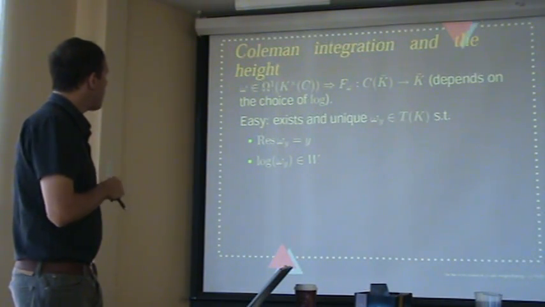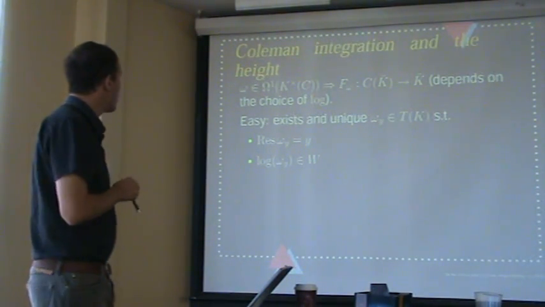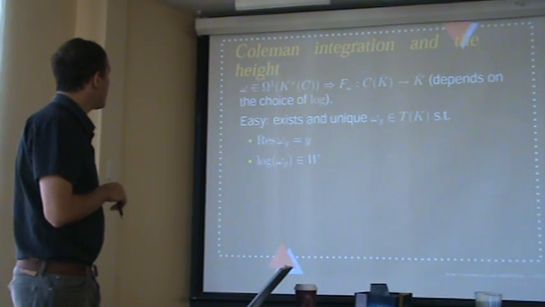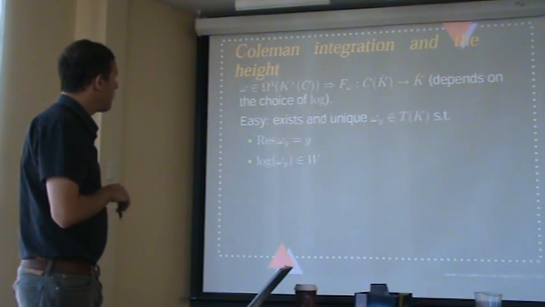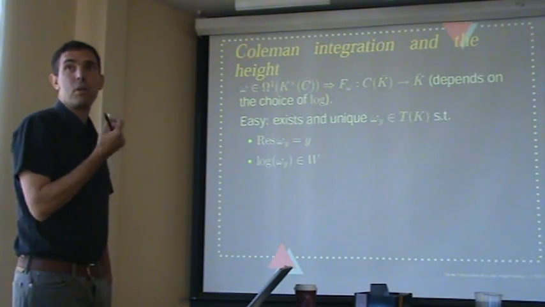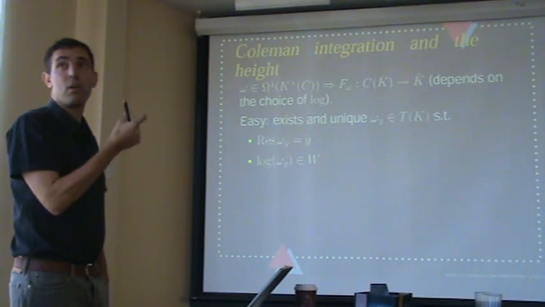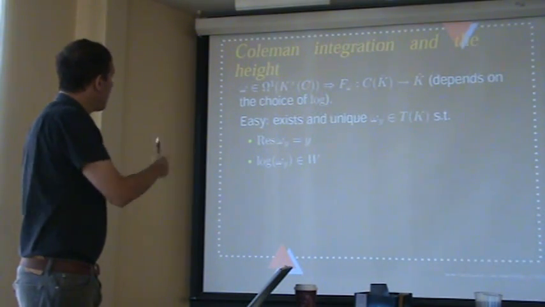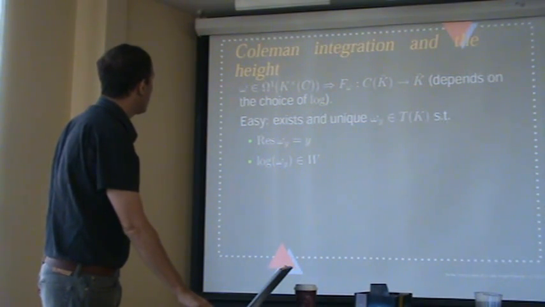Now this is not uniquely defined, because you can add a holomorphic form and nothing changes. So the other condition is, remember we have this auxiliary space W, so I assume that the log of omega_y sits in W. If you think about it for a moment, the point is that W is complementary to the space of holomorphic forms, and log on a holomorphic form is just the holomorphic form itself. Therefore, this removes the indeterminacy by the holomorphic form. So that really determines omega_y uniquely.